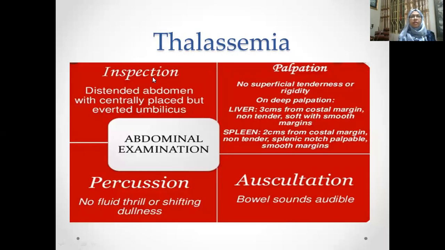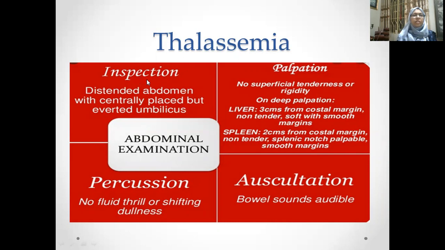And if a case of thalassemia is available in your exam during the short case, you may be asked to examine the abdomen of this child. In thalassemia, you have to follow the normal protocol of examination of the abdomen: inspection, palpation, percussion, and auscultation.